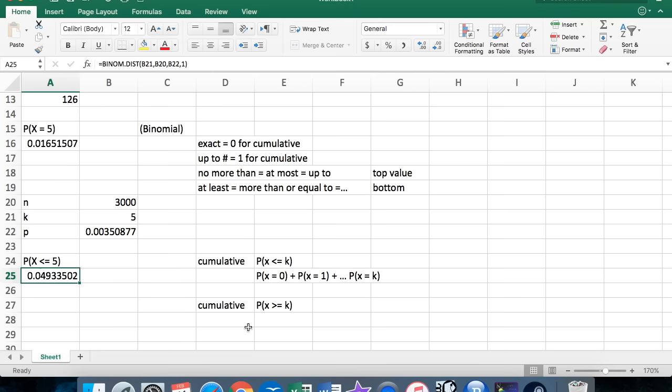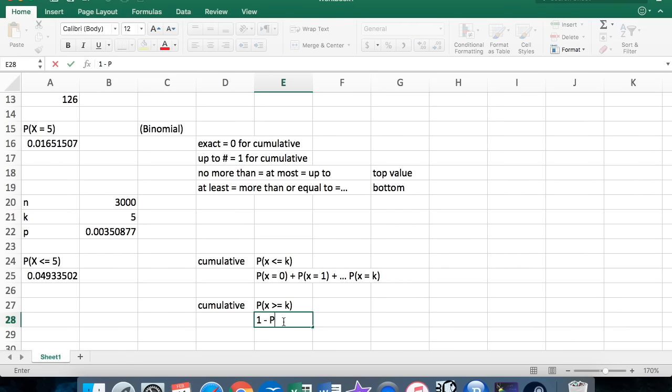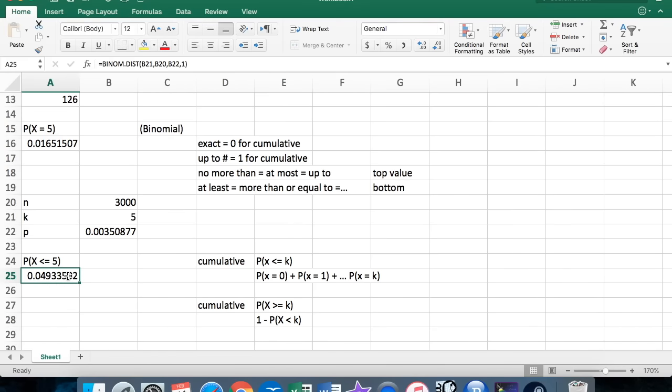So you have to use complements. You'd have to do 1 minus everything less than k, the probability x is less than k. So if you wanted to do this and use the cumulative, you would have to use this. I don't think there are any problems like that here, but know that it might come up.